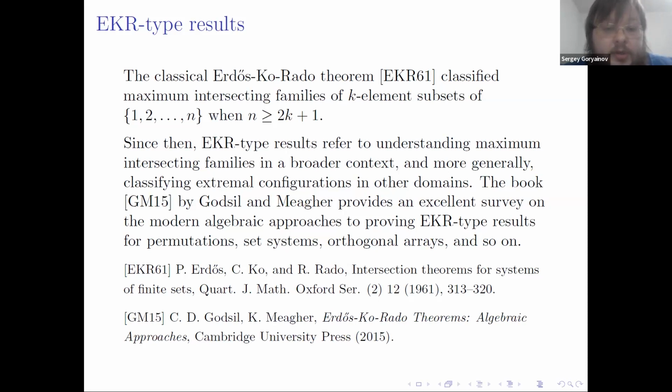The book by Godsil and Meagher, Erdős-Ko-Rado Theorems: Algebraic Approaches, provides an excellent survey on the modern algebraic approaches to proving EKR type results for permutations, set systems, orthogonal arrays, and so on.